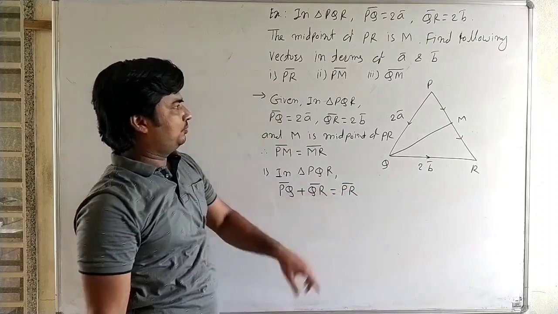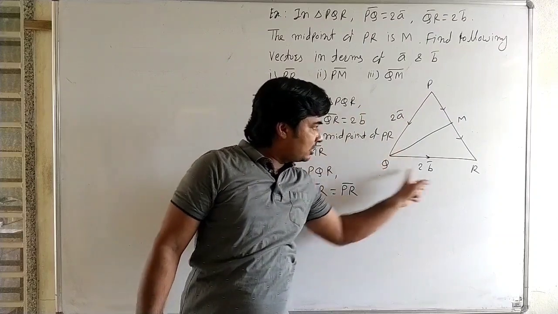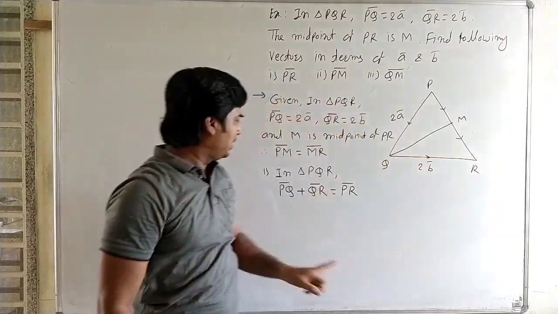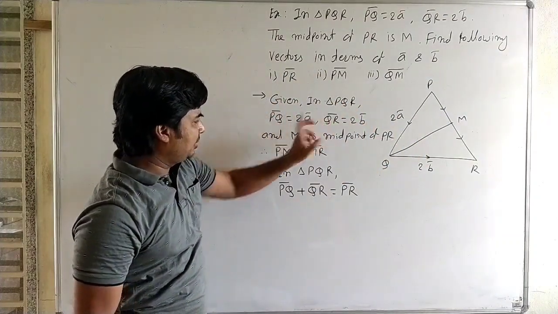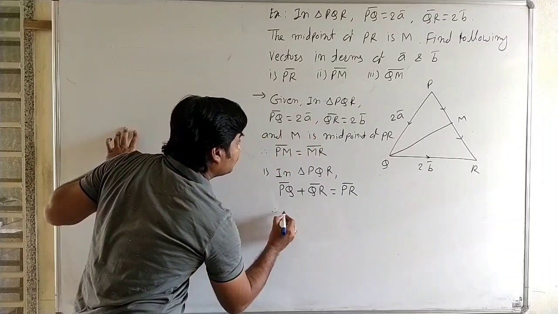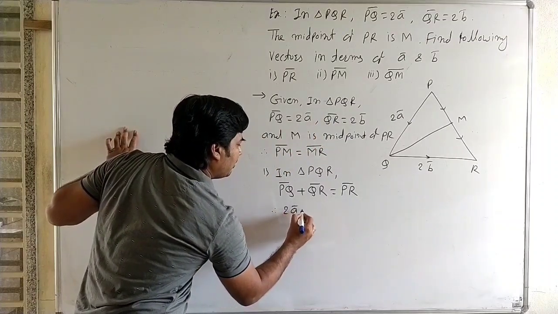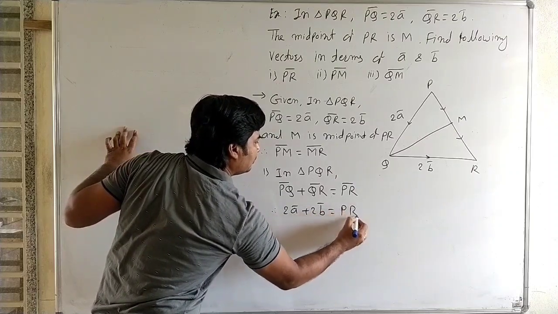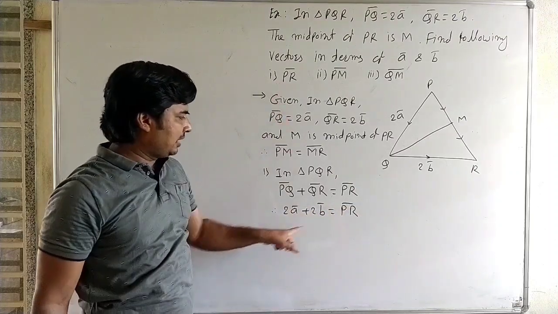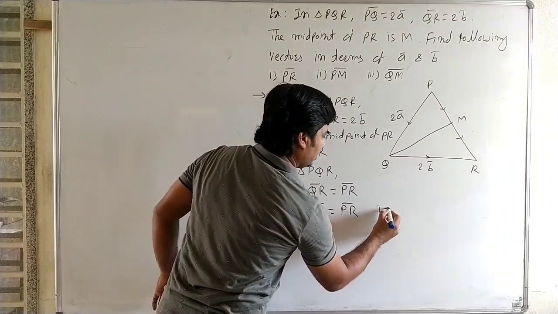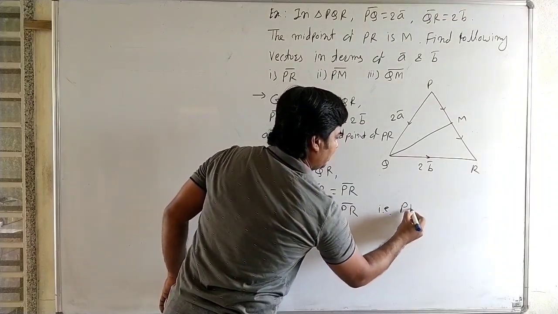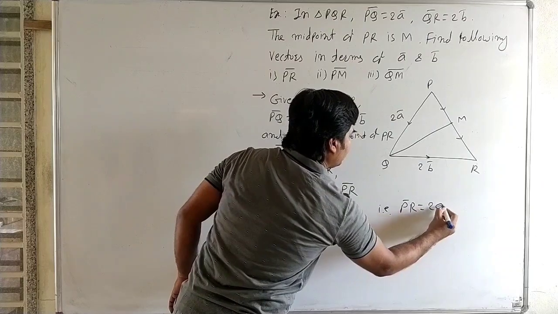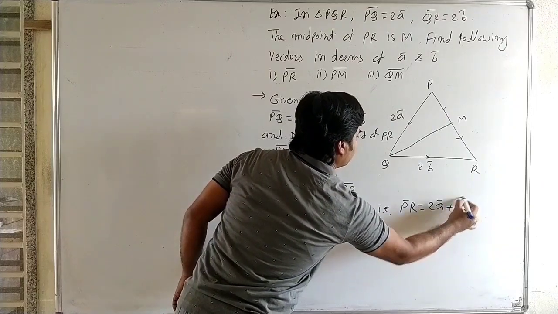Now PQ is given and QR is also given. Therefore, we can write 2A bar plus 2B bar is equal to PR. So, first, PR is equal to 2A bar plus 2B bar.